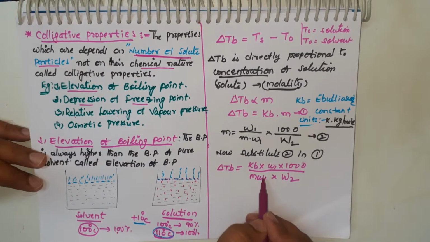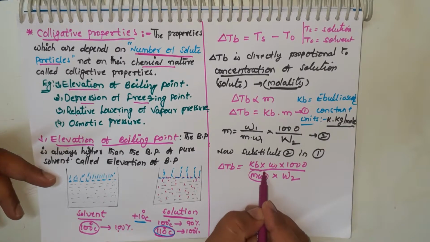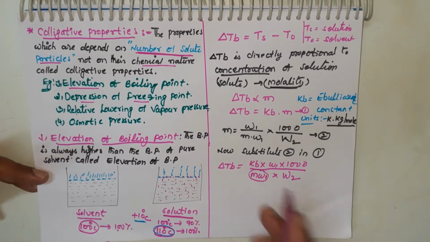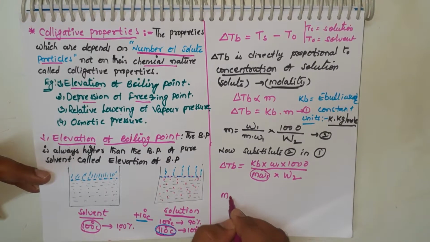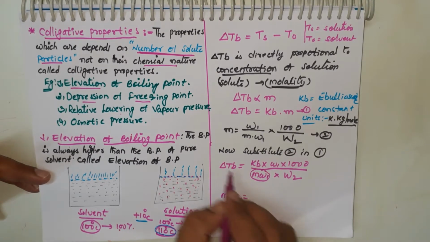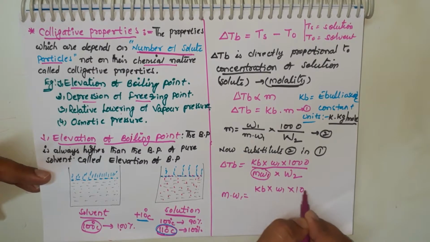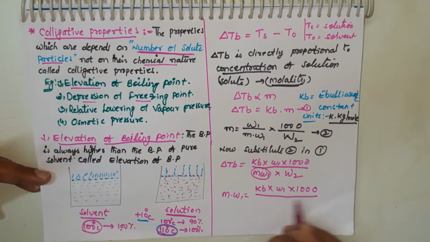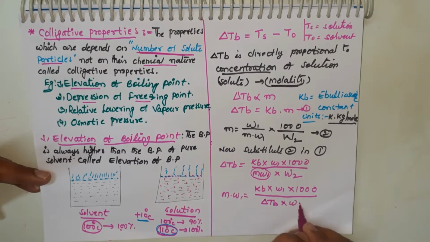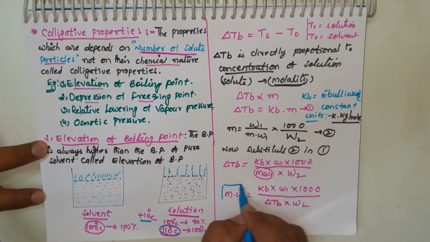According to this equation, we can calculate the molecular weight of the solute: M1 equals Kb into W1 into 1000 by delta Tb into W2. This is the use of elevation of boiling point.